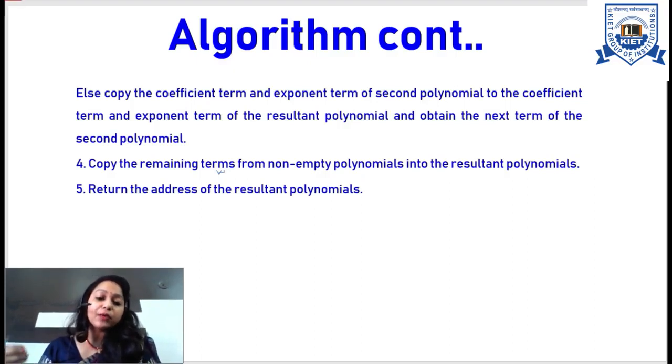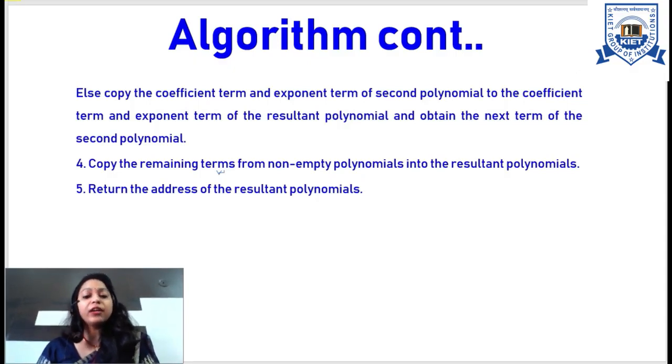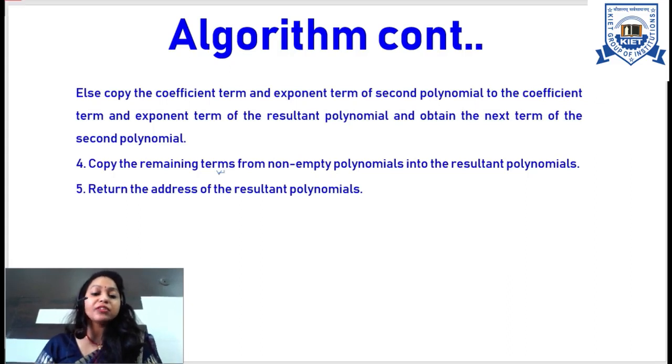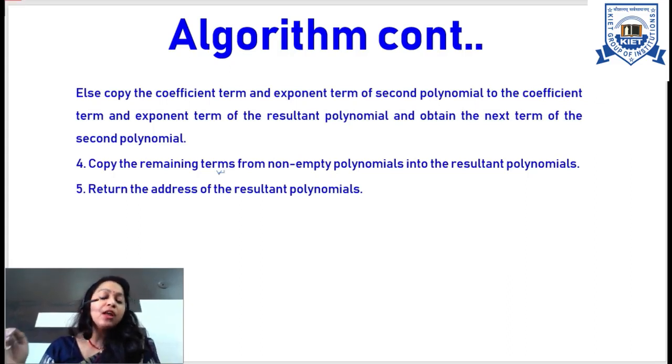Whichever polynomial equation is remaining, we will copy the remaining terms from that non-empty polynomial equation into the resultant polynomial, and we will return the address of the first node of the resultant polynomial back to the function which called that particular algorithm.